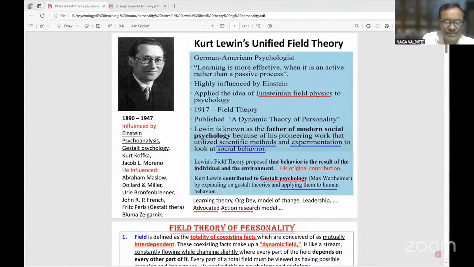Here we also see certain features of defense mechanisms like regression. He explained it in personality development. And Moreno, most of you might know, those who are in the counseling field, advocated role play. A lot of role plays he advocated, and that is incorporated for child development and child psychology.